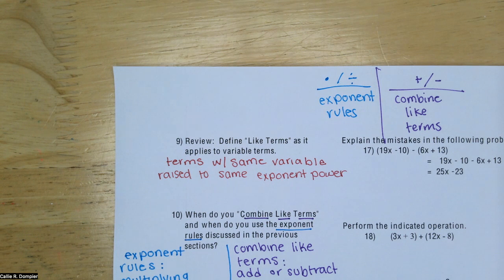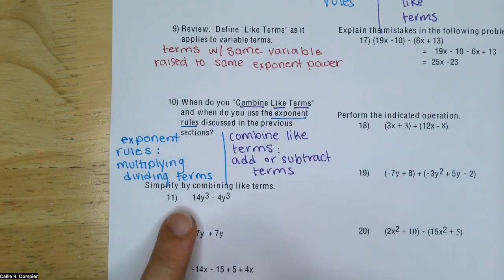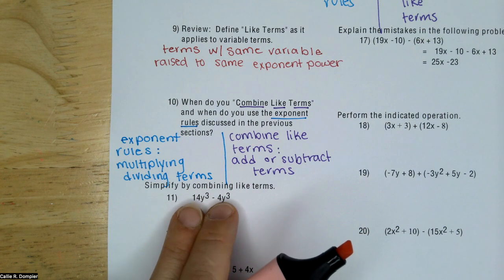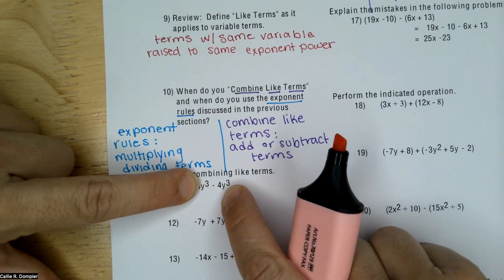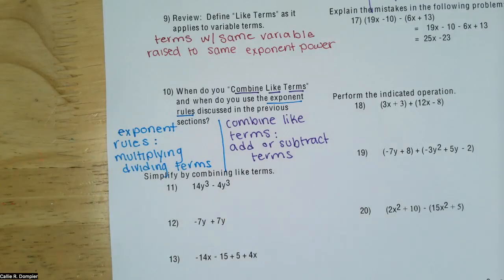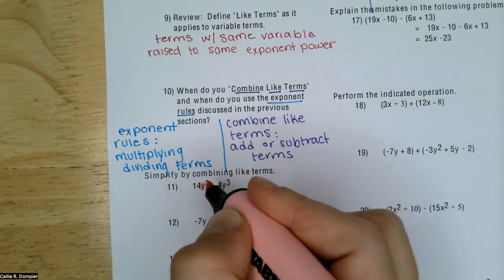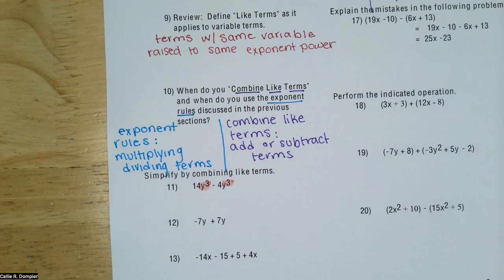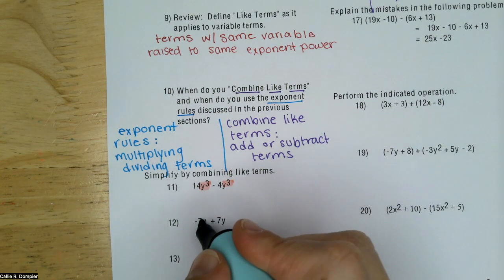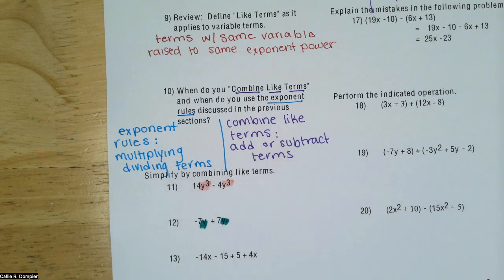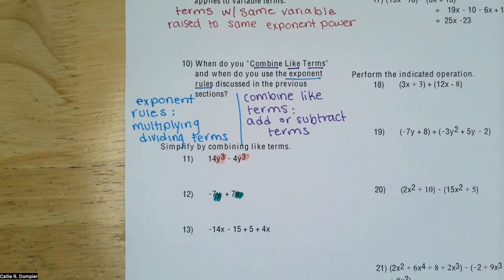We are not looking for the same number in front of the y. We are looking for the same variable y raised to the exact same exponent. So y to the third and y to the third are like terms. Down here, y and y, or y raised to the first and y raised to the first, are the same term.